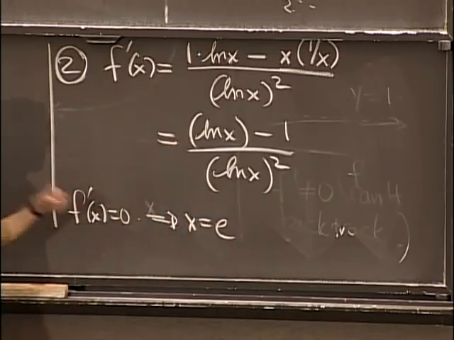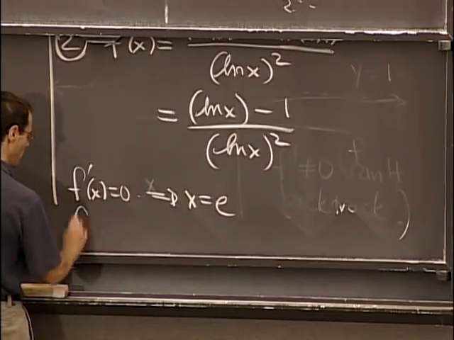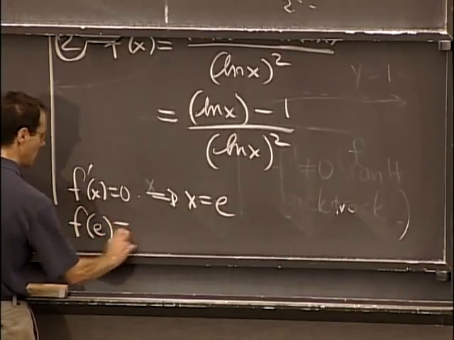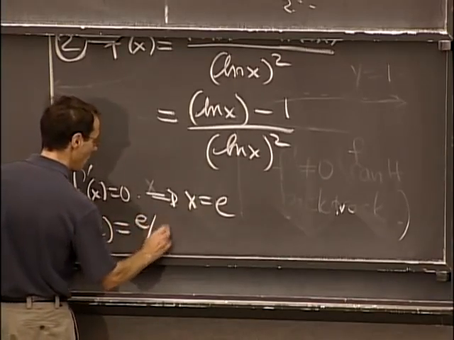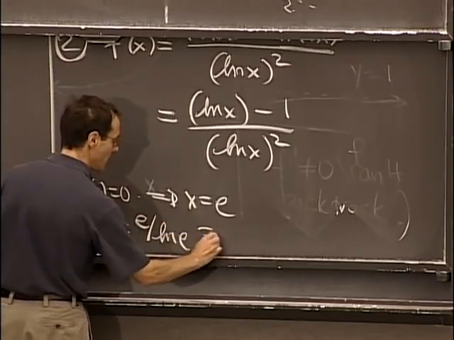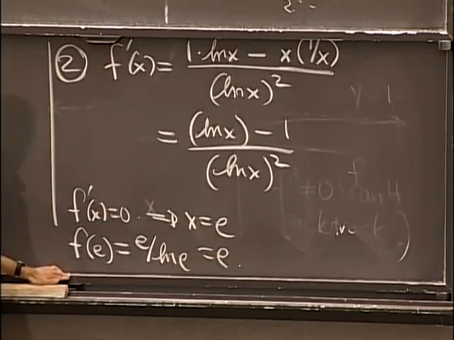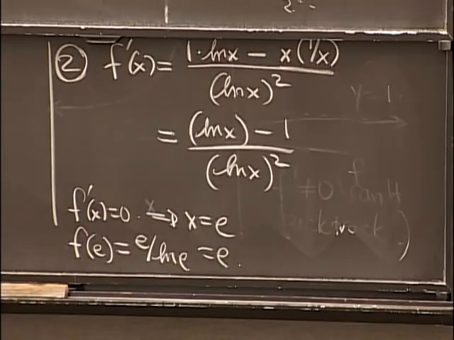Okay, so here's our critical point. And we have a critical value, which is f of e. And that's going to be e divided by log e, which is e again, because log e is 1. So now I can also plot the critical point, which is down here. And there's only one of them, and it's at (e, e).